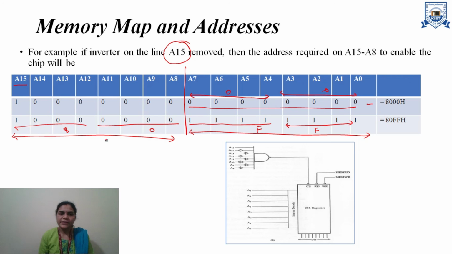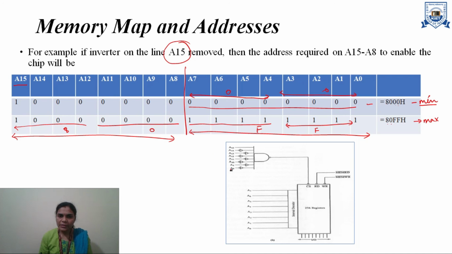The address range will be 8000 for the minimum address and 80FF for the maximum address. So in this way, we can make a memory address map by having a particular chip selection line at fixed logic.